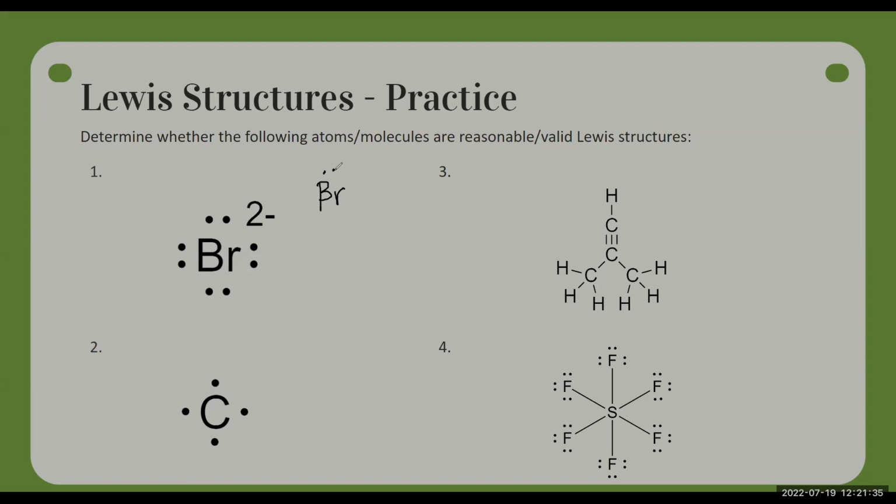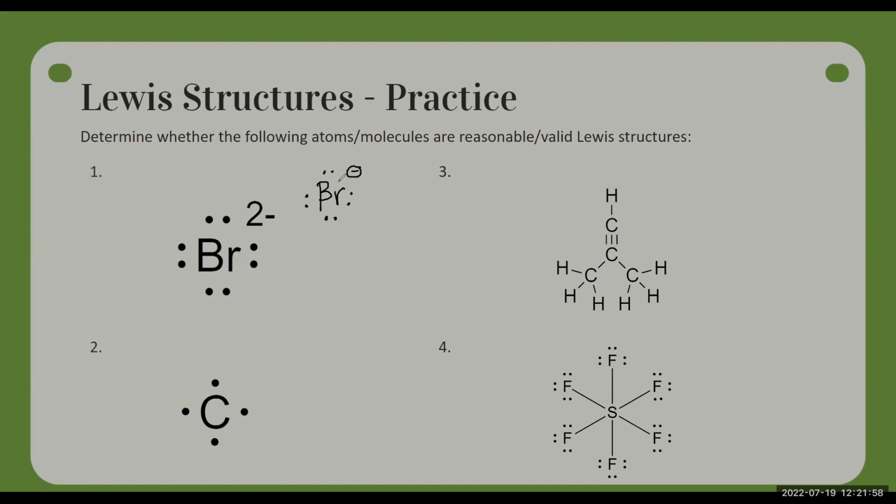So we can go from 1, 2, 3, 4, 5, 6, 7. So then bromine, in order to get the noble gas configuration, we will just add 1 more electron, which would make this a minus charge.